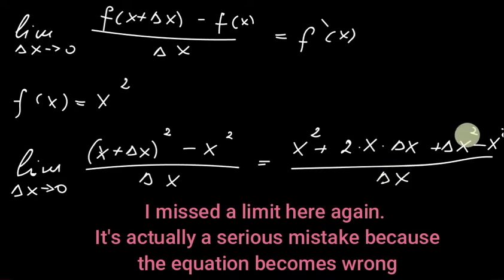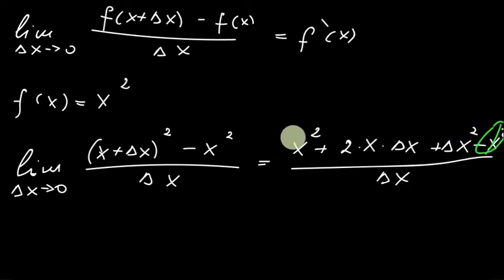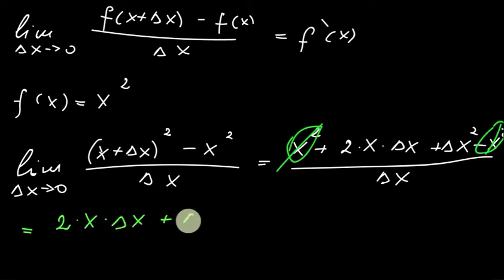Now these two will cancel out, and here's what we're left with: 2 times x times delta x plus delta x squared, divided by delta x.